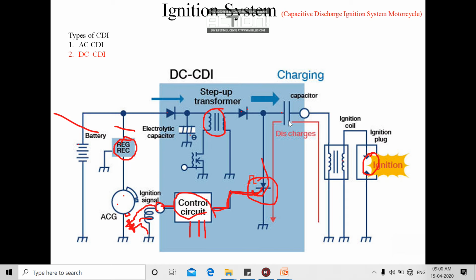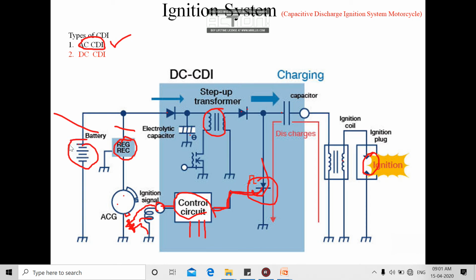And there are some ignition systems which are of the AC CDI kind, but there are some conditions they are making, so the battery is needed there. Even though those are AC CDI, the battery is still needed.